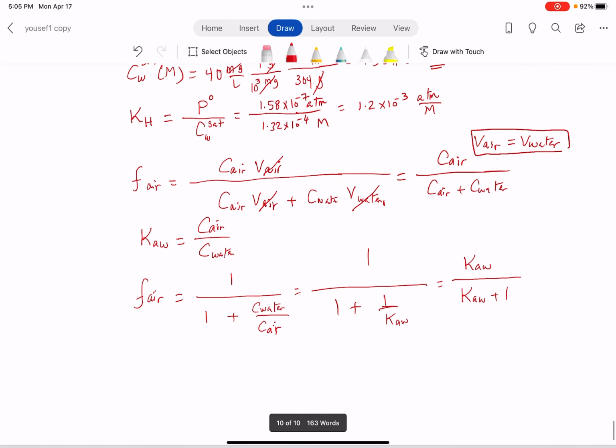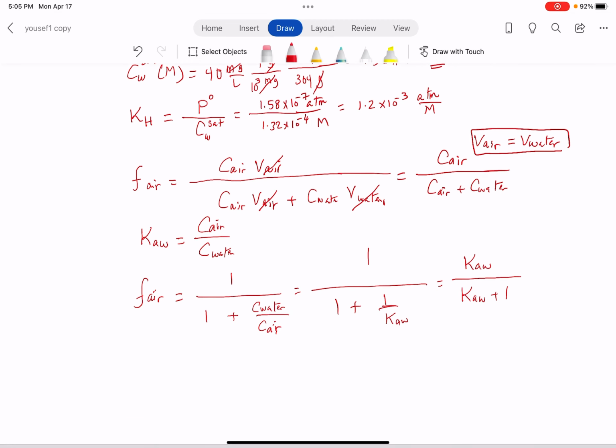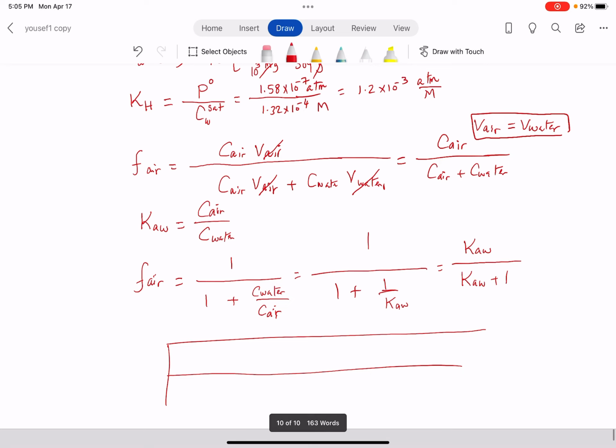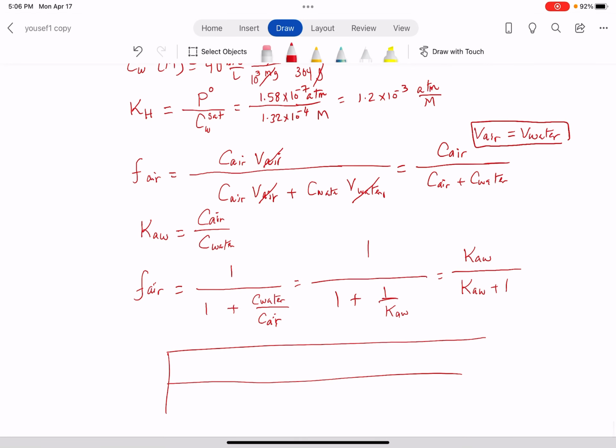Let's do the first compound. One way to do it is to have a small table. You could have the KH that you had before. Let's say compound diazinon.